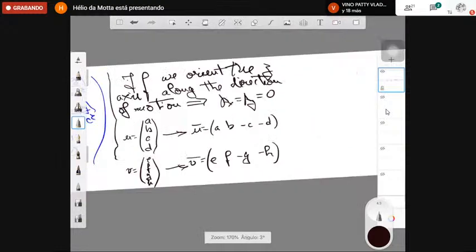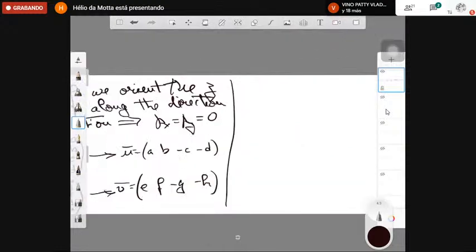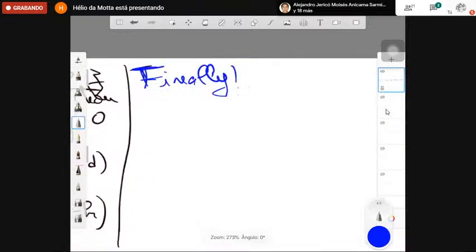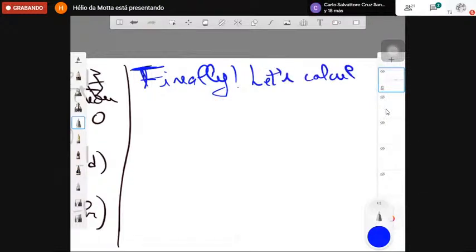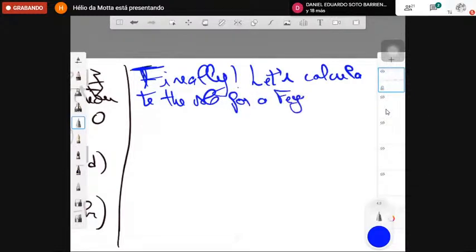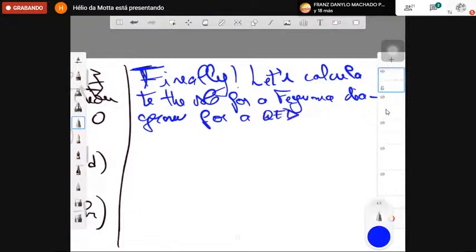Finally, let's calculate M for a Feynman diagram for a quantum electrodynamics process.